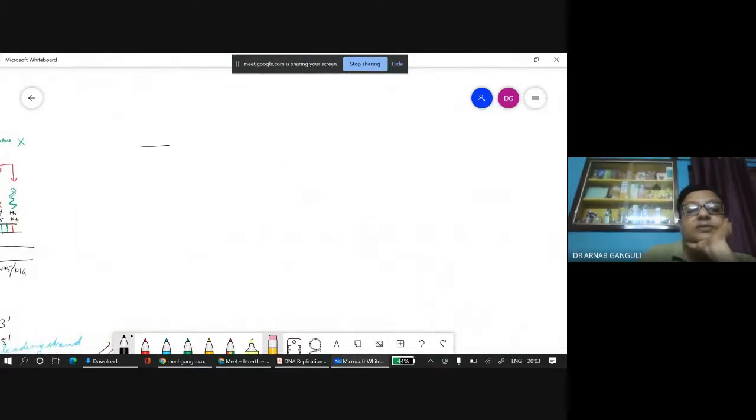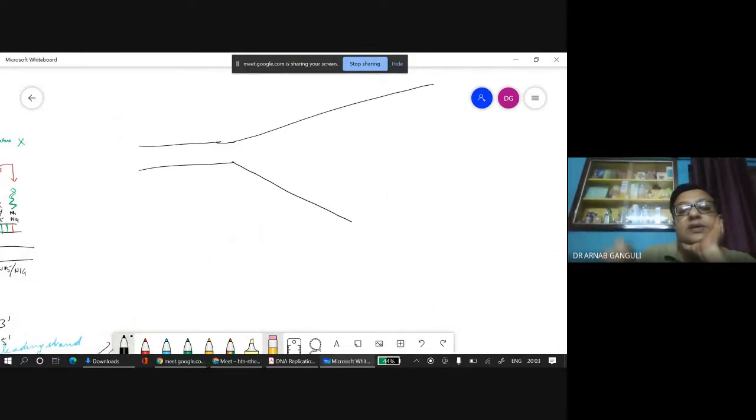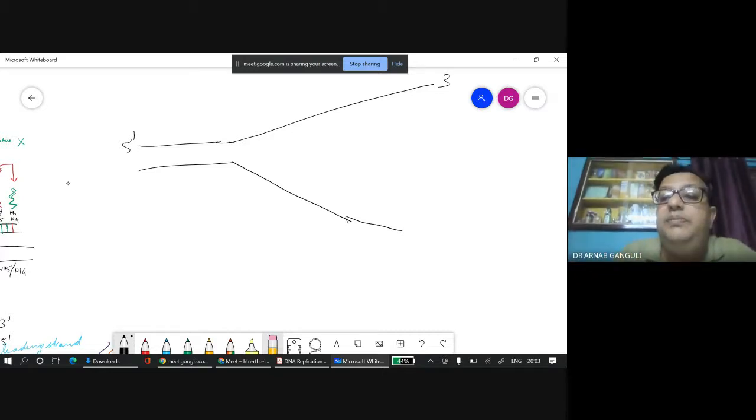So before the replication is starting over here, a primer sequence is added. Primer, RNA primer is added.